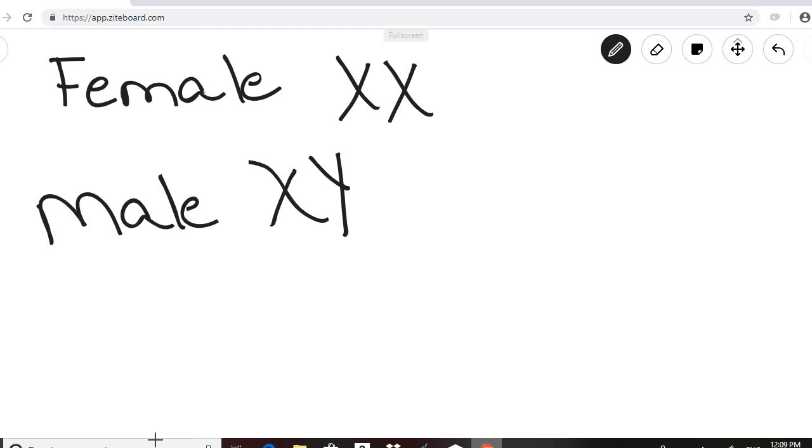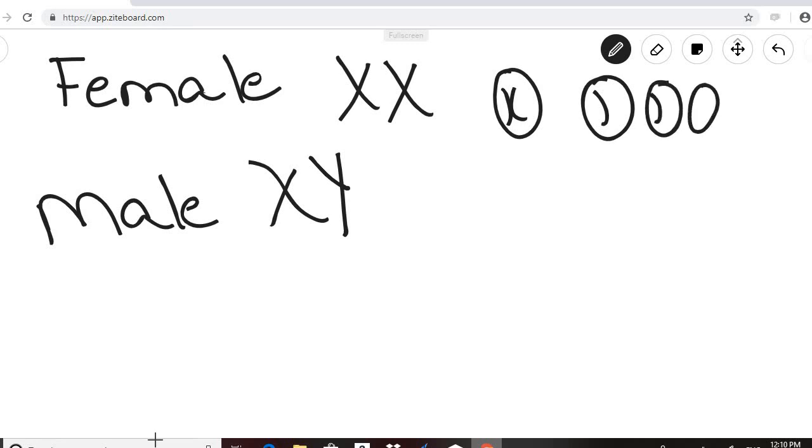So when meiosis happens and we take that one cell and produce cells that have just half of that chromosome, in a female they can only be X's.